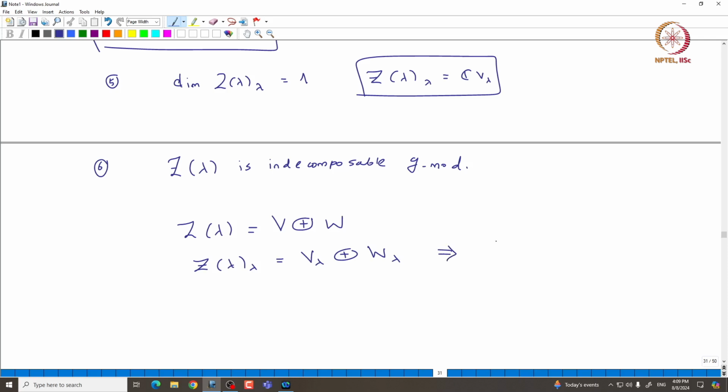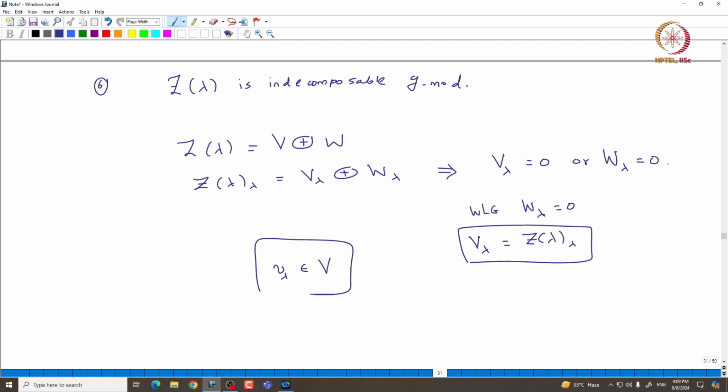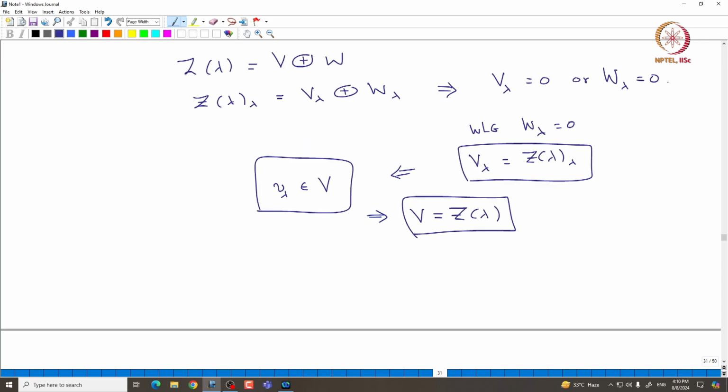That implies that either V_λ is 0 or W_λ is 0. Without loss of generality, assume that W_λ is 0, then V_λ must equal Z(λ)_λ, since the λ weight space in Z(λ) is one dimensional. So v_λ is inside V, and that says V must be equal to Z(λ). There is no other option. So that proves Z(λ) is indecomposable.